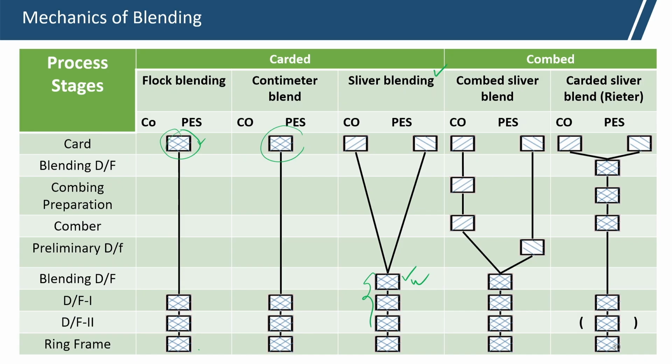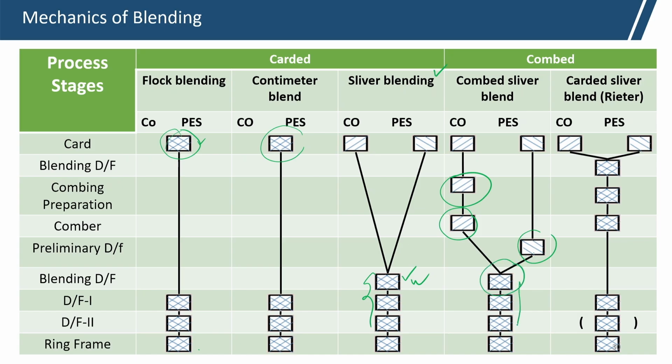Now, in combed sliver blending, you can see here cotton fiber is being combed, but polyester does not need combing, so it goes through combing preparation and combing, and the combed cotton sliver is actually blended with the polyester at the draw frame stage.